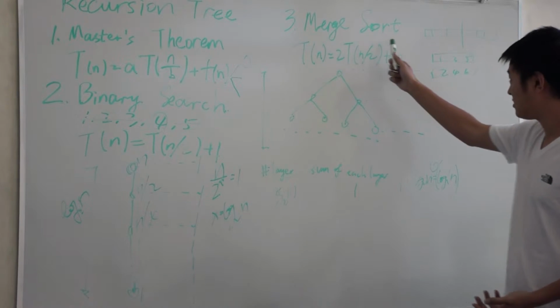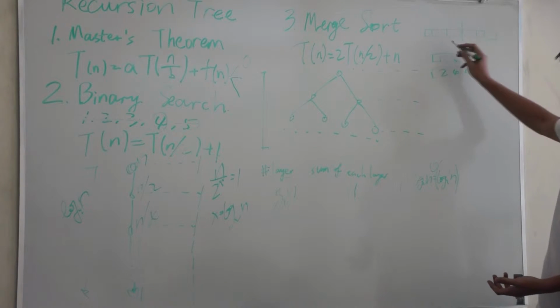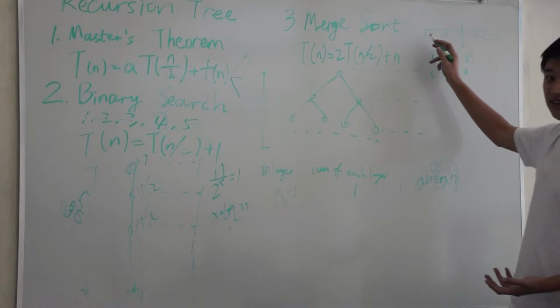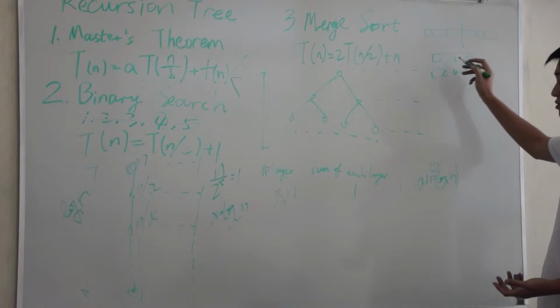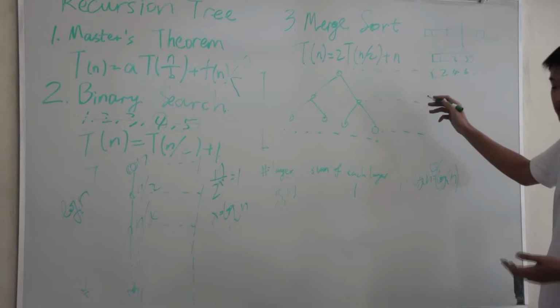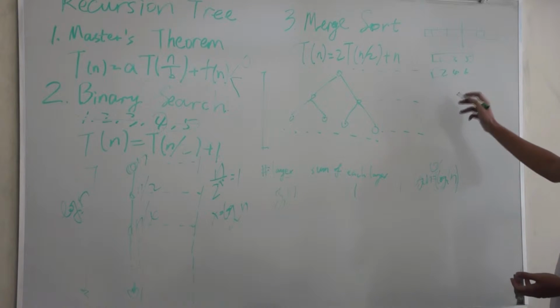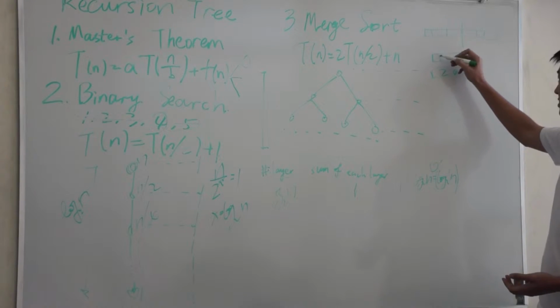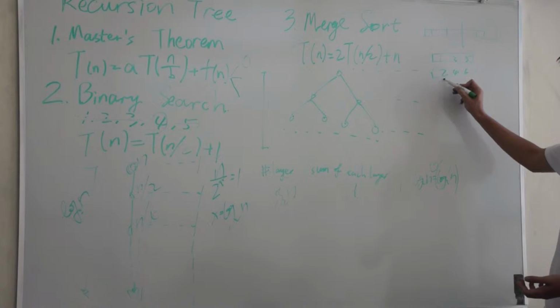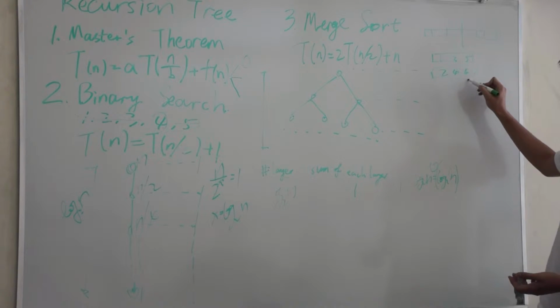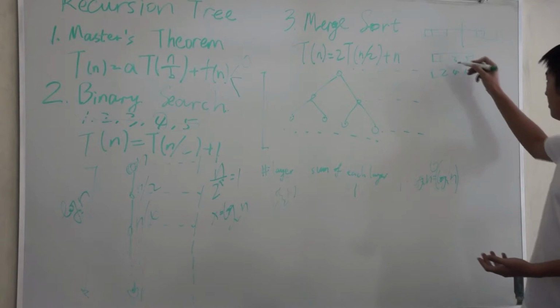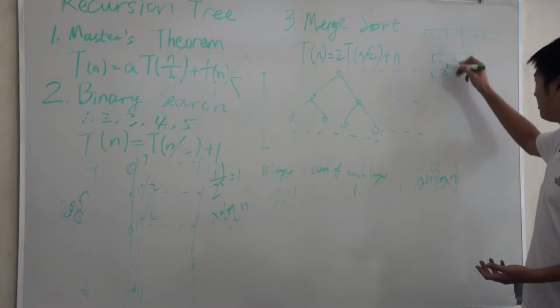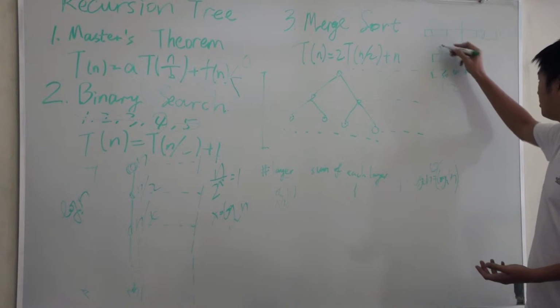For merge sort, we first divide the array into halves and we sort them respectively. And there is a merging stage here. For example, we have 1, 3, 5 and 2, 4, 6, and we want to combine them together. We first choose 1 and then we choose 2.